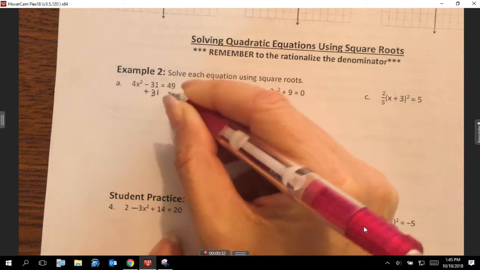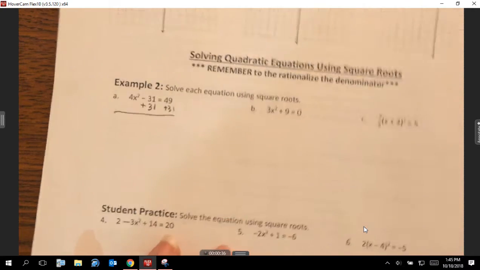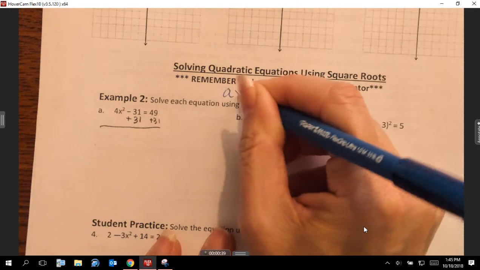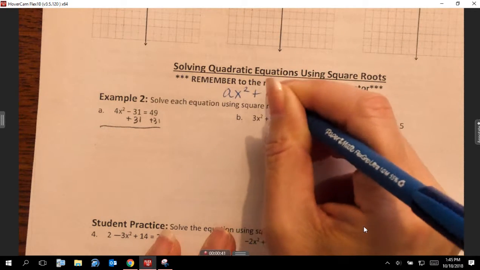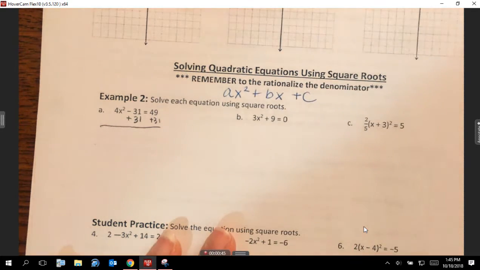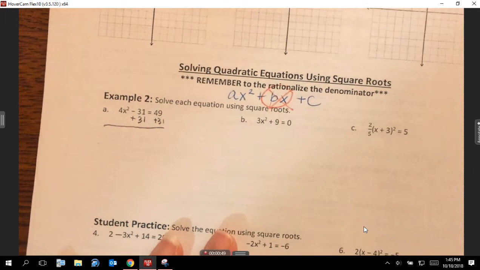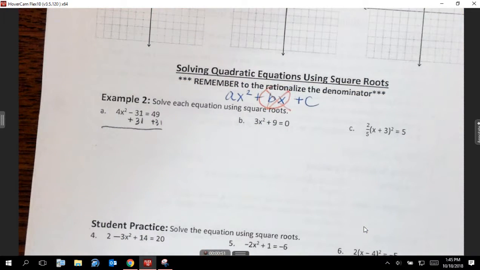Oh, I've got to say something else before we do this. This method that we're doing on quadratics does not work if the quadratic is in standard form and it has a middle term.